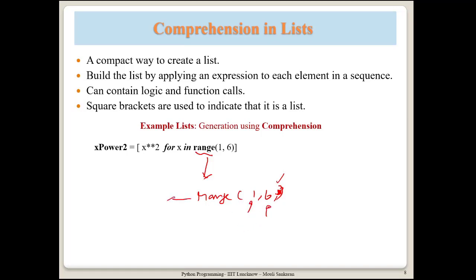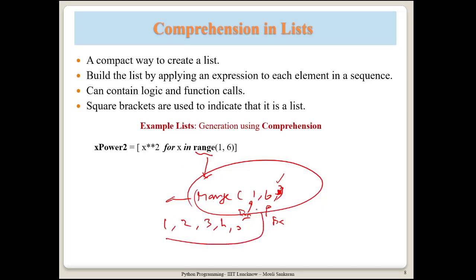So it is generating a sequence 1, 2, 3, 4, 5, because the end is exclusive and the start is inclusive. So range is a built-in generator function. It generates these numbers 1 to 5 in the same order, and it assigns them to x. So x will take 1 first, then 2, 3, 4, 5.